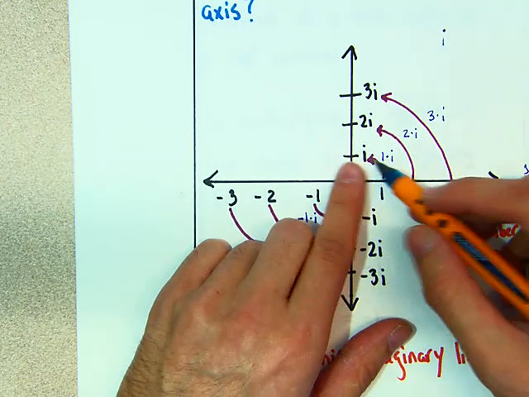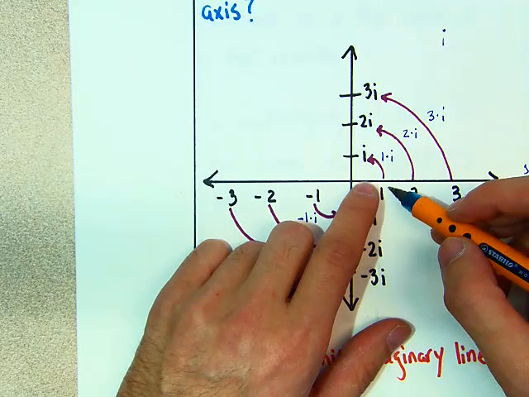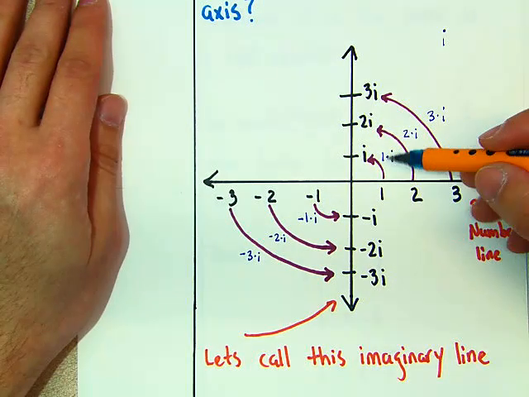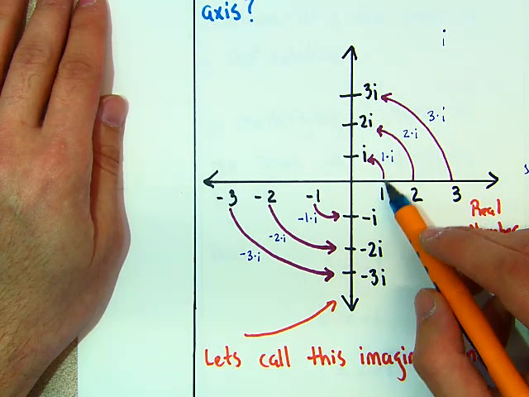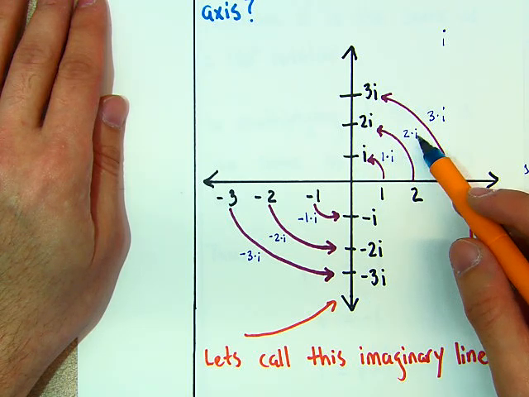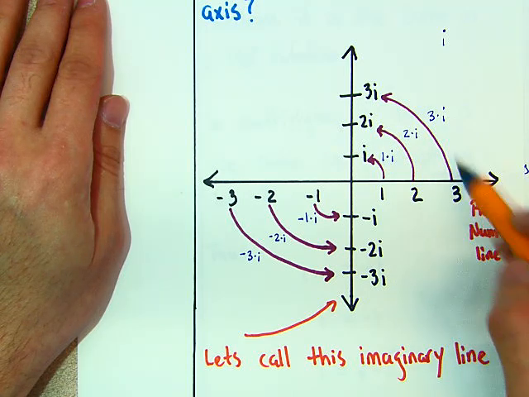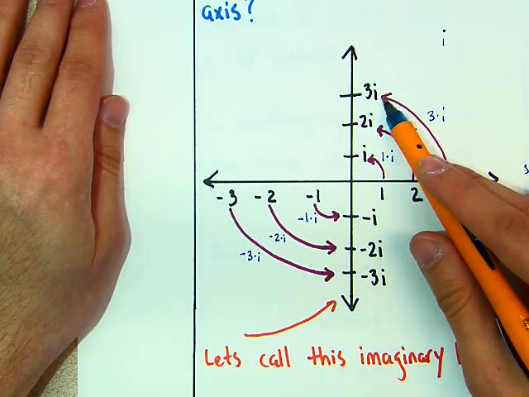Let's imagine that this is some number i, and we don't know what it is yet, but we're going to multiply this number to get there. If you multiply 1 times i, it rotates 90 degrees. If I multiply 2 times i, it rotates 90 degrees. If I multiply 3 times i, it goes 90 degrees.